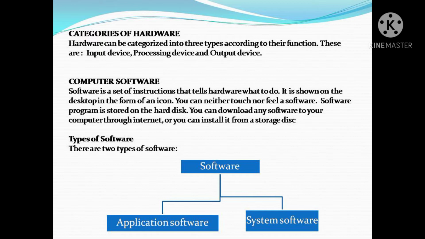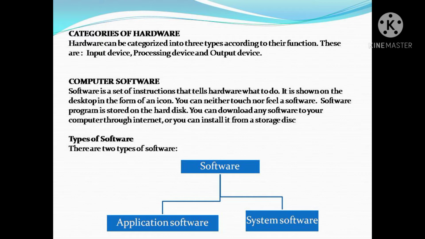A software program is stored on a hard disk. Where is the software stored? They are all stored in the hard disk. You can download any software to your computer through the internet, or you can install it from a storage disk.